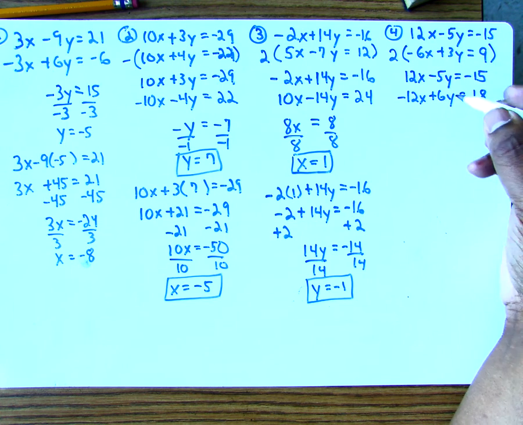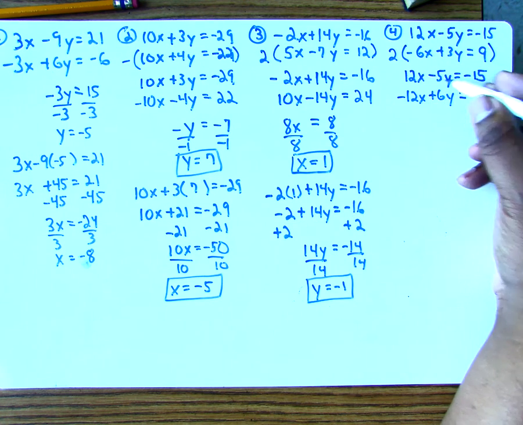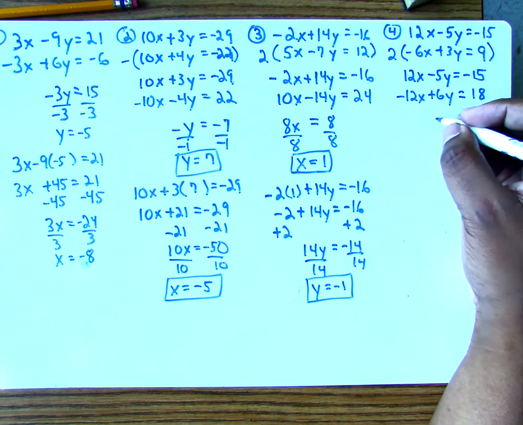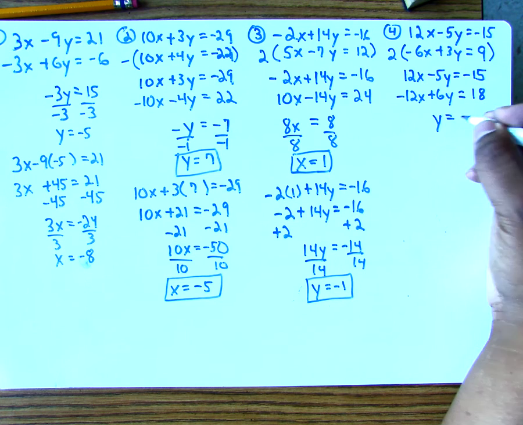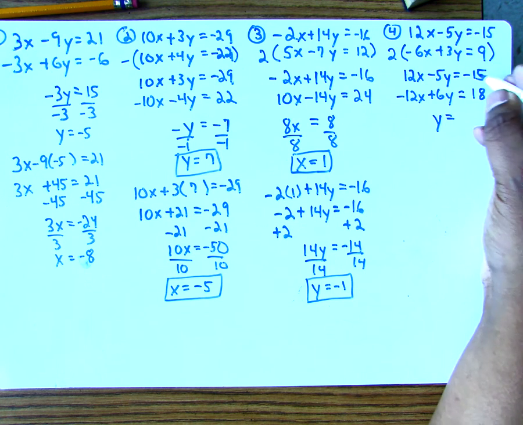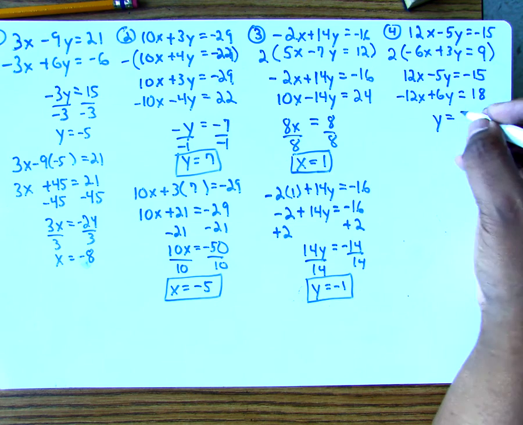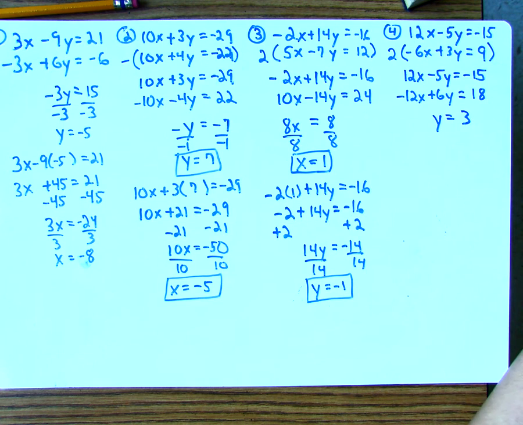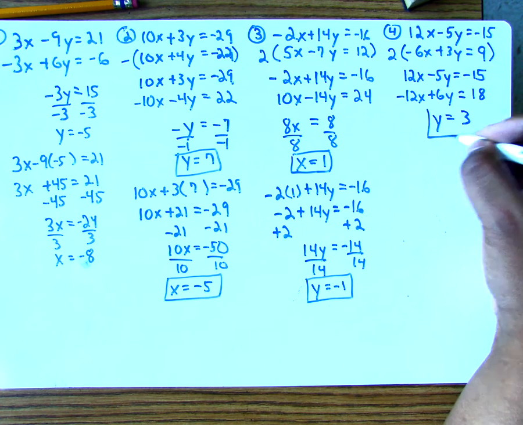All right, this will cancel out. 6y plus negative 5y is going to be y. And negative 15 and 18 is going to be 3. So our y is equal to 3.